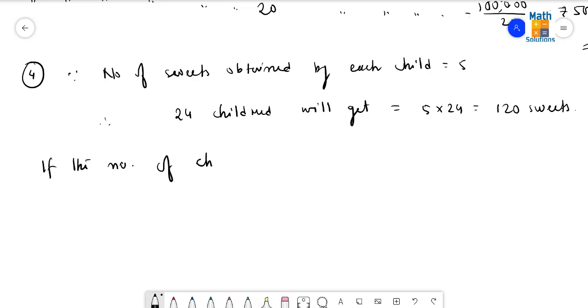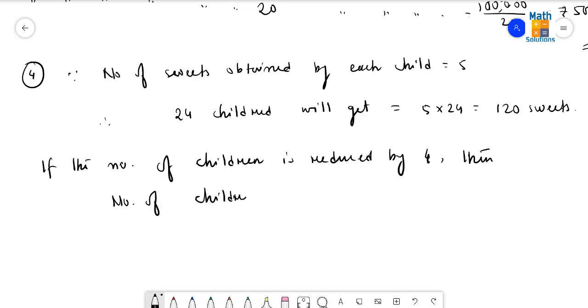Now if the number of children is reduced by 4, then the number of children left will be how many? From 24, if we reduce 4, total left will be 20.